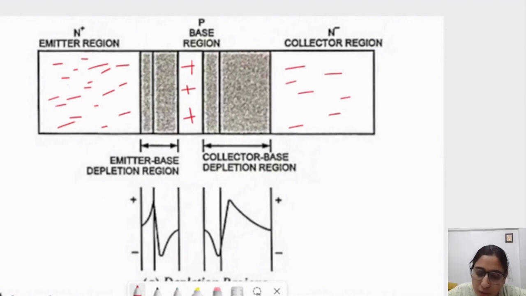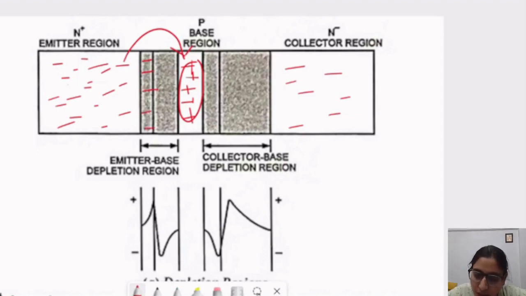Now, what will happen? Due to the process of diffusion, these electrons try to move towards the holes. These holes are very few in quantity, while electrons are more in quantity. So, these electrons try to accumulate on this side.